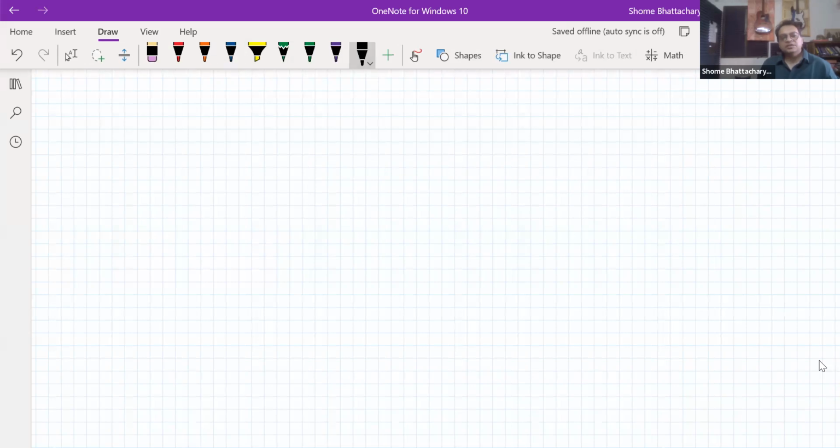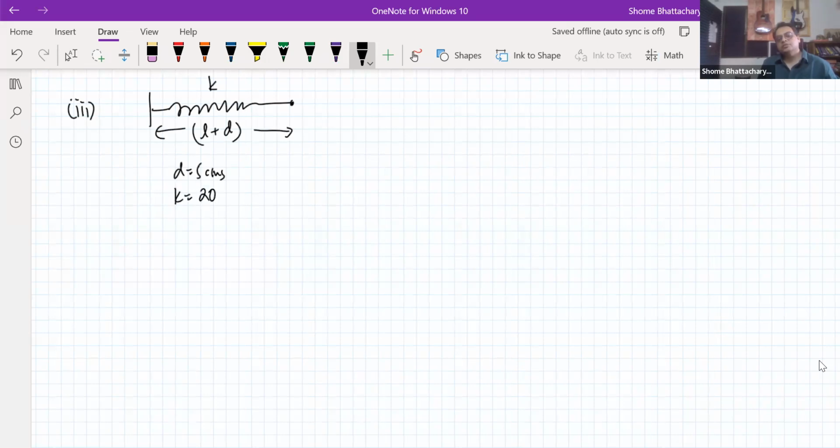And the same example, let's do a third part where we are at this situation where already the spring is extended by 5 centimeters, the spring of constant 20 Newton per centimeter, because of the application of the external force.